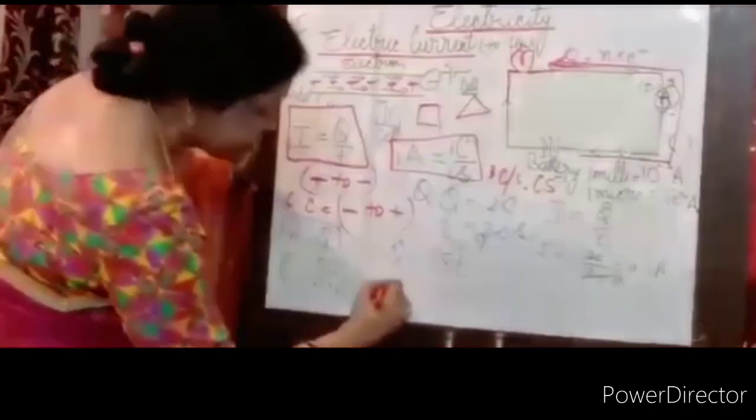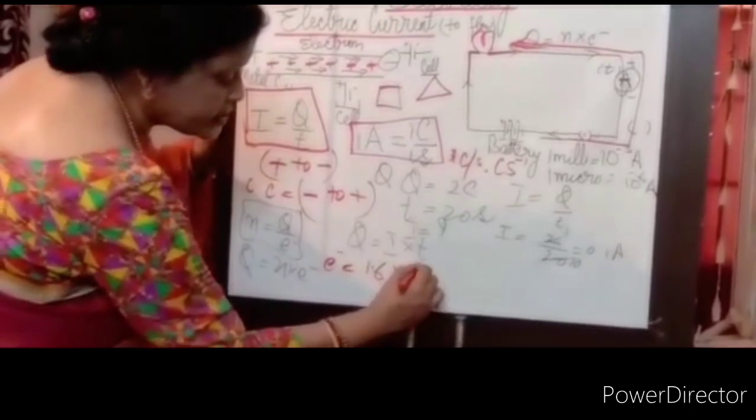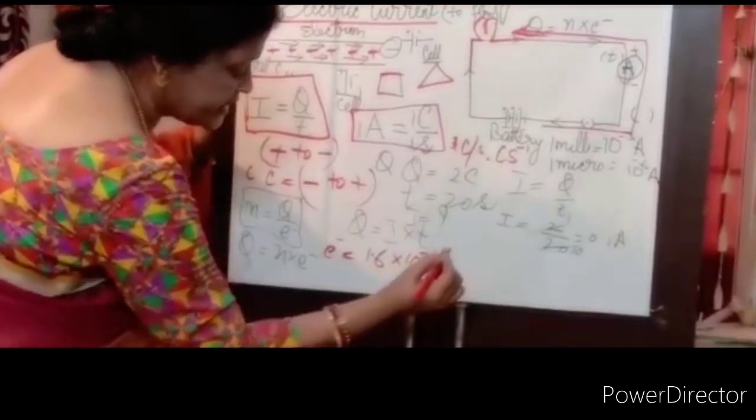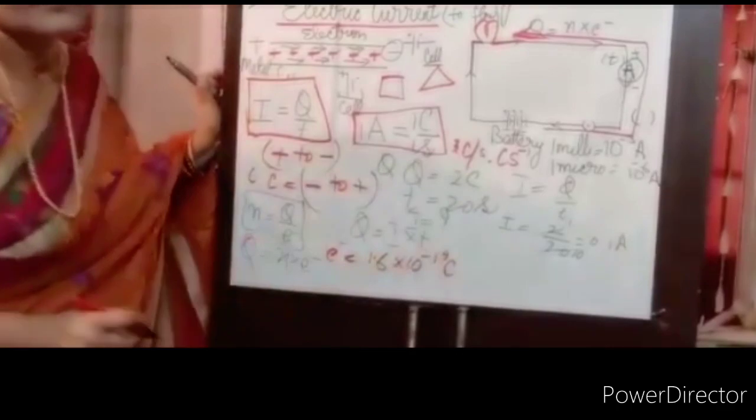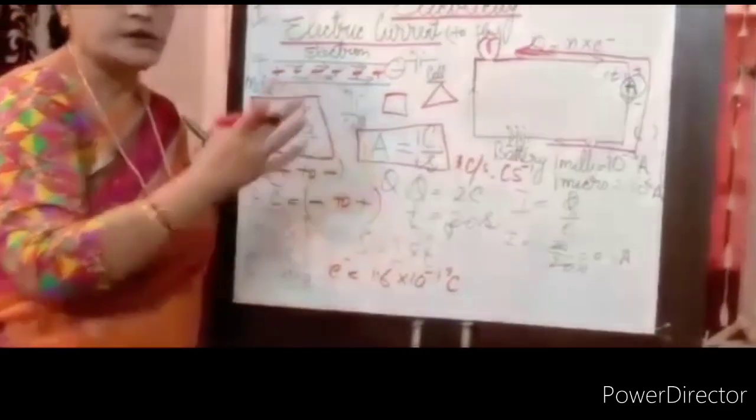And 1 electron charge is equal to 1.6 into 10 to the power minus 19 coulomb. This you have to learn.